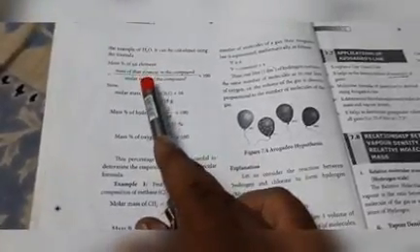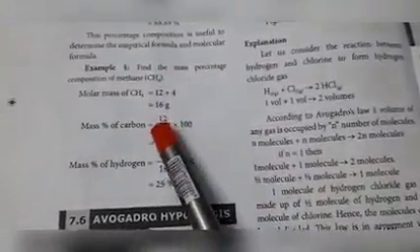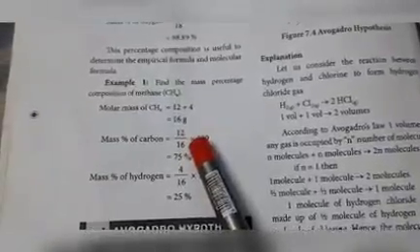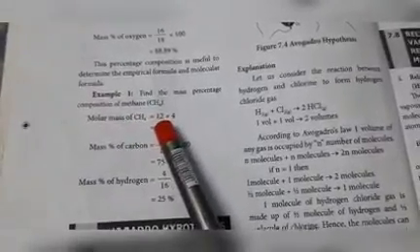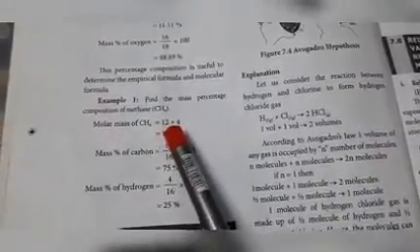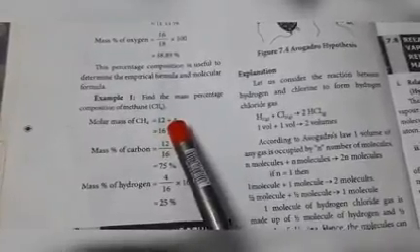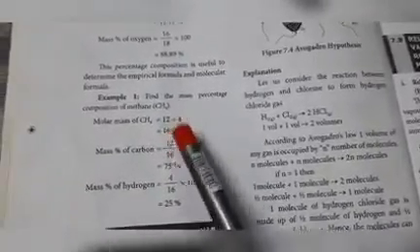Here the element is carbon, and the carbon mass is 12 gram, divided by the molar mass of the compound CH4. It contains 1 carbon, atomic mass 12, plus 4 hydrogen, each 1. So 12 plus 4, 16.